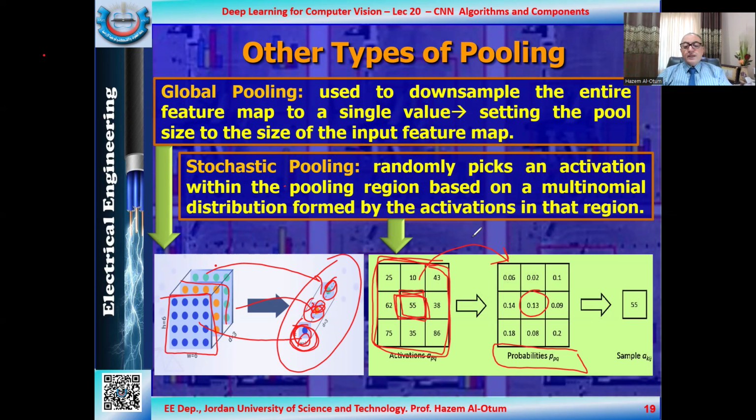So what I'm trying to say is that you are using stochastic rules in order to pick a specific feature value within a kernel matrix or window, to define which feature is very important for you. As an example, here we may pick the feature at the center with a value of 55, and this is the output in this situation.